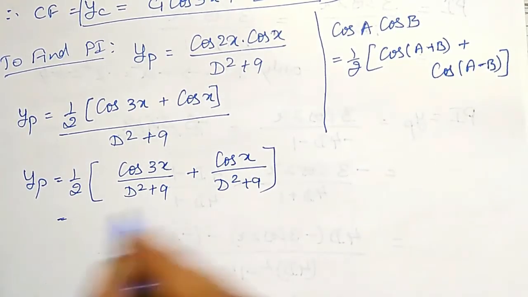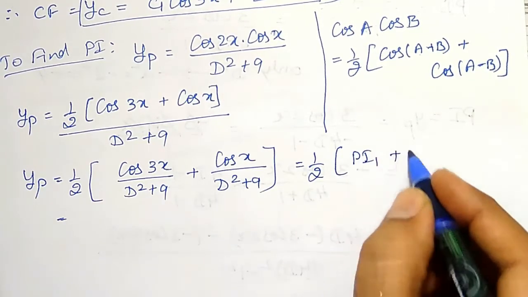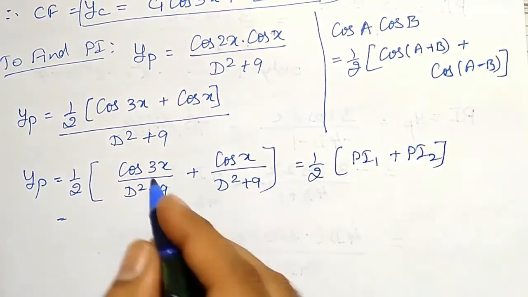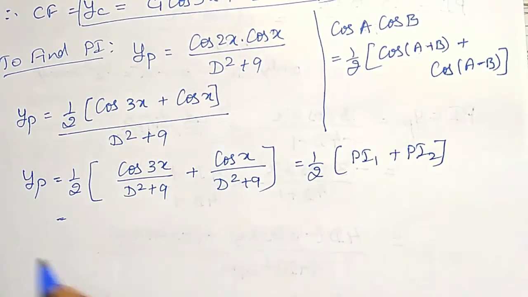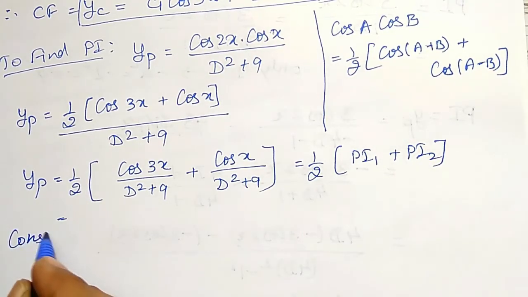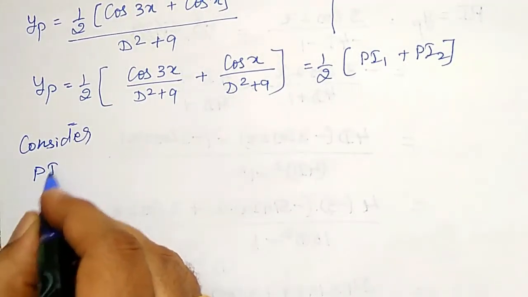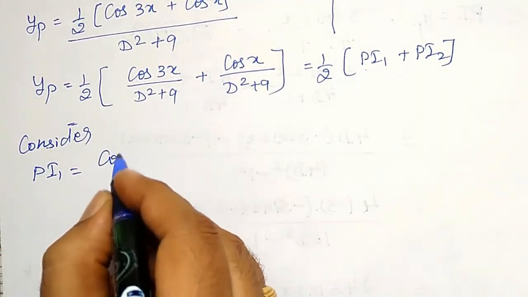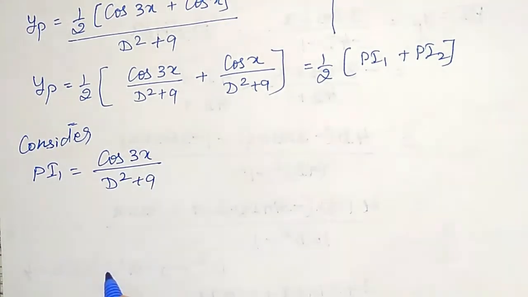This I will call 1 by 2 times PI1 plus PI2. Consider PI1 equal to cos 3x divided by D square plus 9.